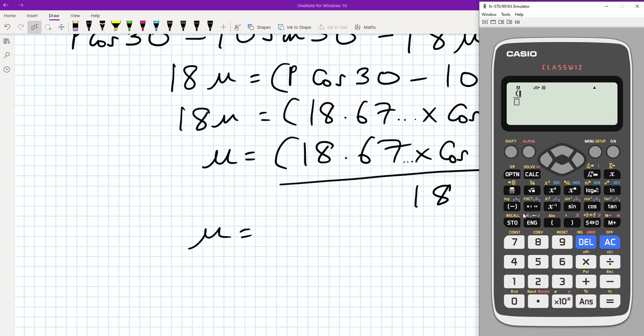We get that by pressing alpha and A as our stored value, times cos 30 minus 5 divided by 18. And that will give me 0.621 to three significant figures.